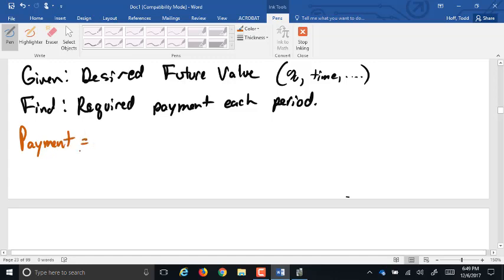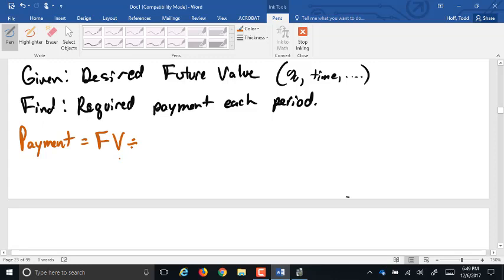So we want to find that required payment, right? We start out with that desired future value. Now, if you guys remember last week when we were doing present and future value compound interest, when we went backwards, what's the only thing that changed in the formula? To divide.